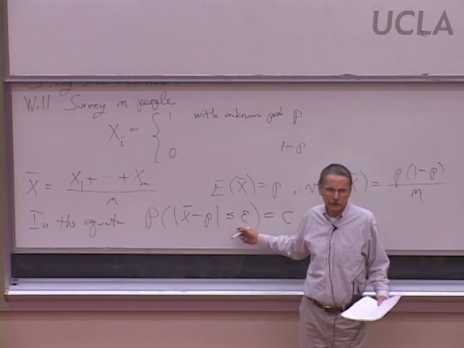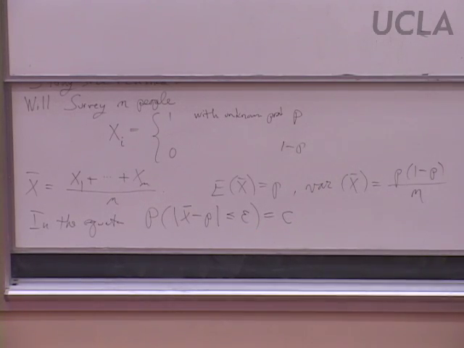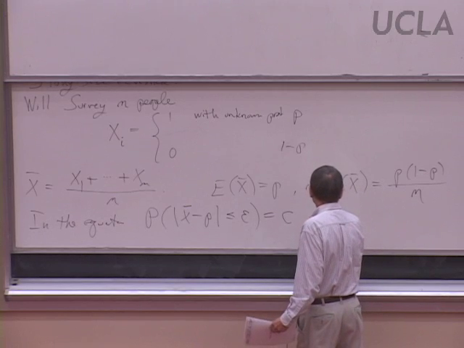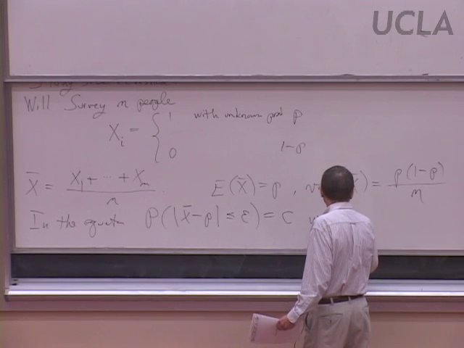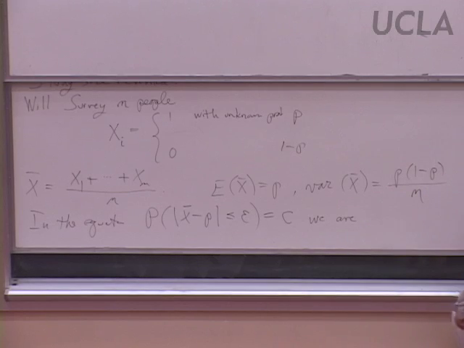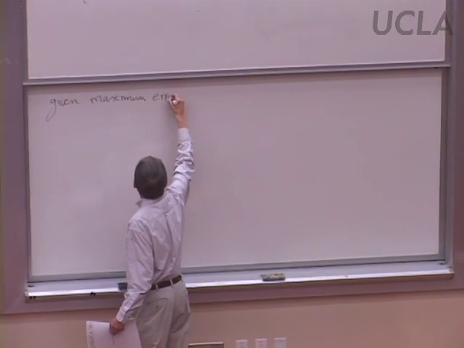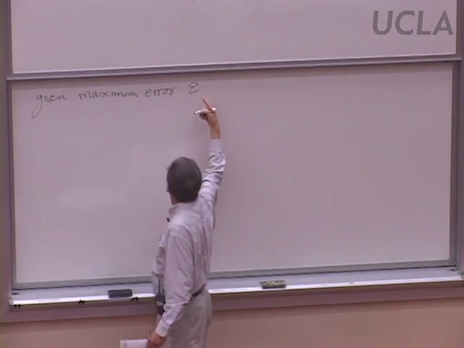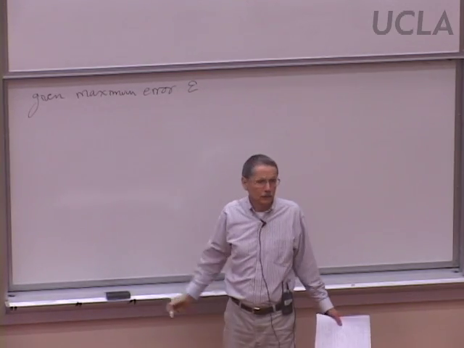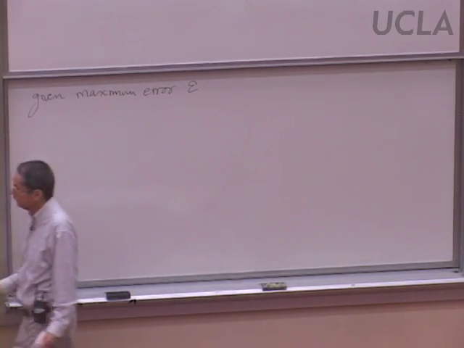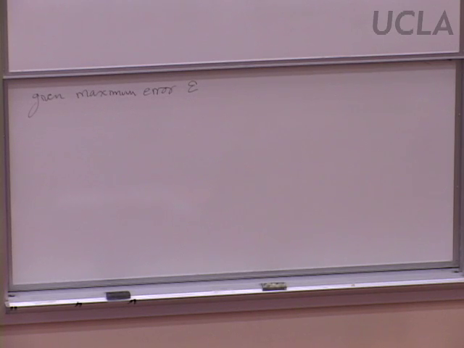And typically, we're given some maximum allowed error, some value for epsilon close to 0. We'd like the error of our estimate to be small.